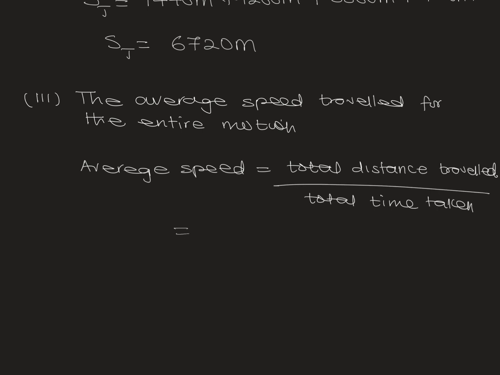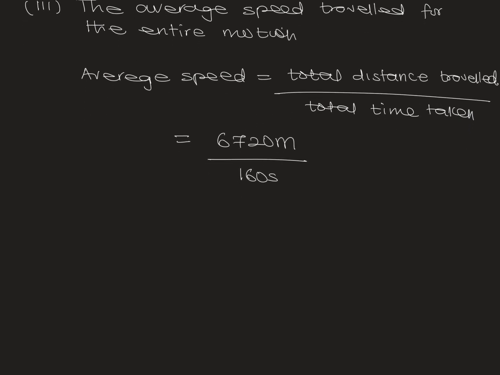So the total distance traveled is 6,720 meters divided by the total time taken, which is 160 seconds. If we do that division, we have 42 meters per second as the average speed.